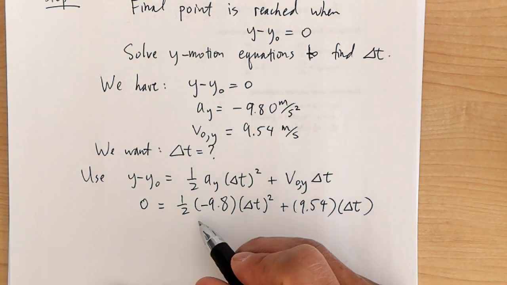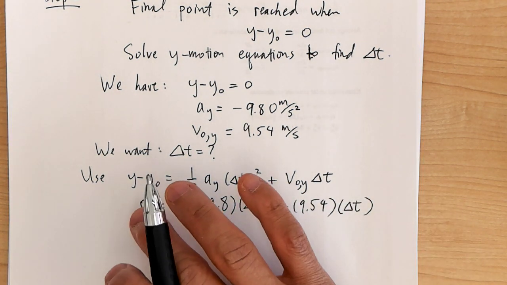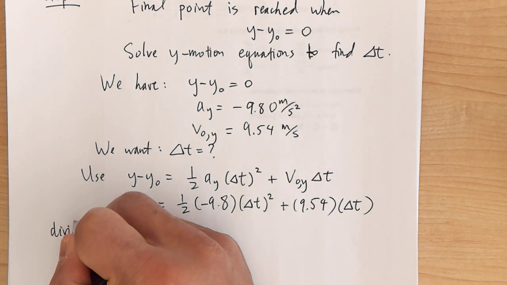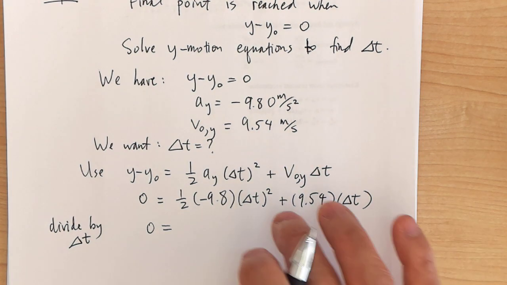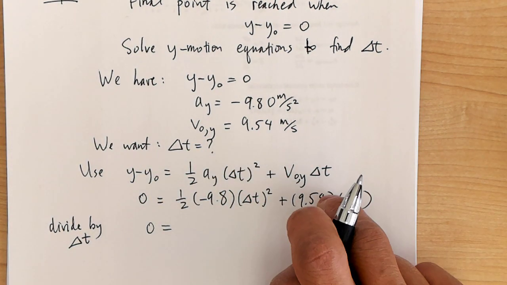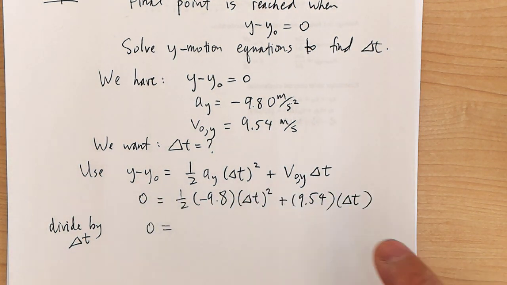The solution I want is the one that comes after 0. So what I can do is divide everything by delta t, because there's a 0 on this side. This still remains 0. This trick works if you have a quadratic equation but there's no constant term. You only have delta t squared and delta t, and you don't have a term without the delta t.